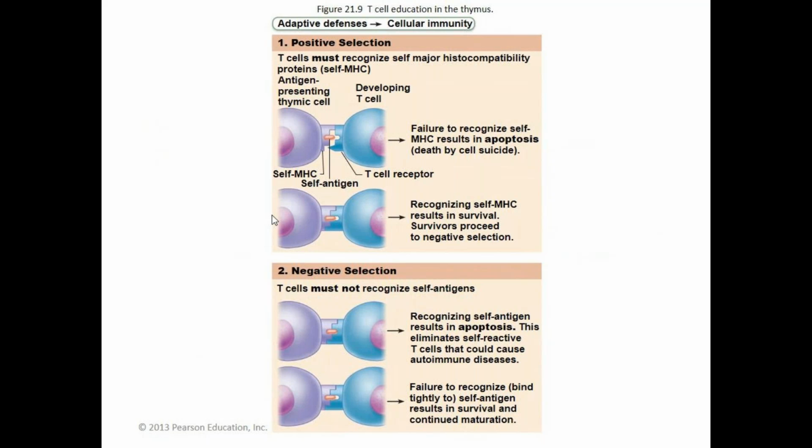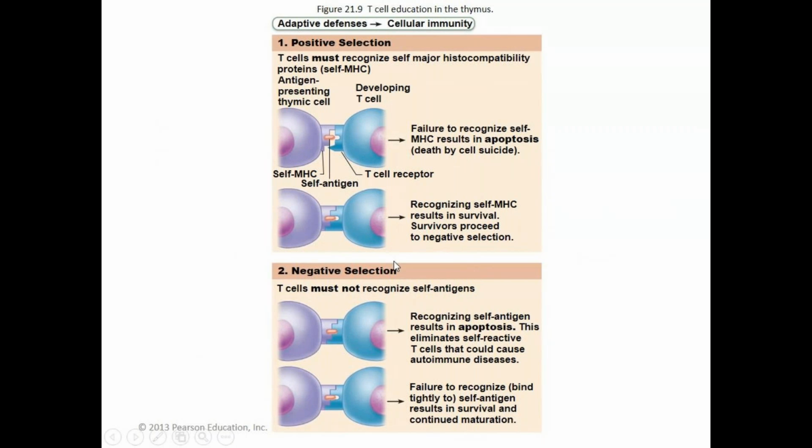This first test simply makes sure that the T cell receptor will line up, will match up with an MHC. So here in the top one, the two shapes don't match, and so this cell would be destroyed. The bottom version, the shapes match up. We bind, we mate. And so we're good to go and move on to the next test.